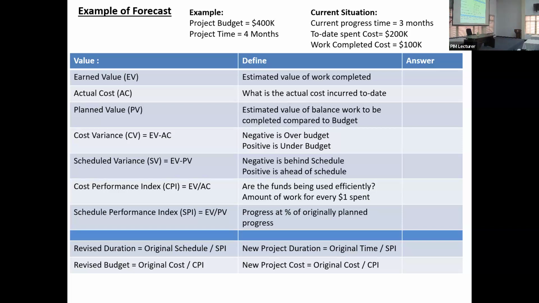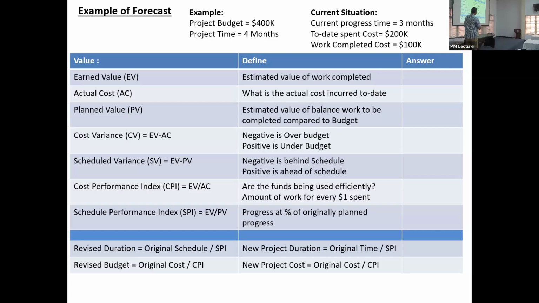And my boss is asking, where are we? What's going to happen? Now, to date, the contractor comes and says, I have spent 200. If it's 3 months, how much should he have spent? 300. But he is saying, I have spent 200.